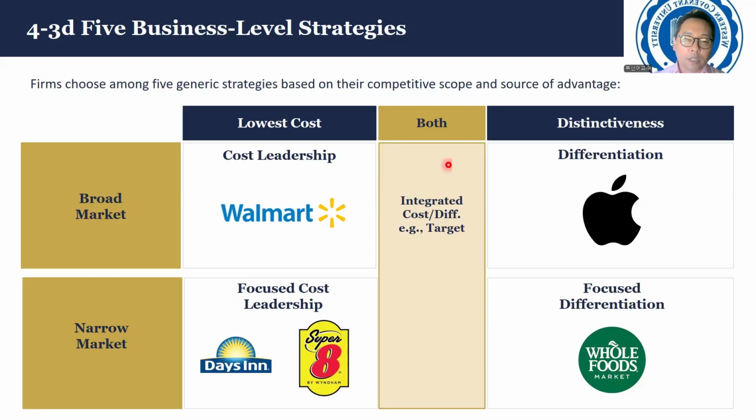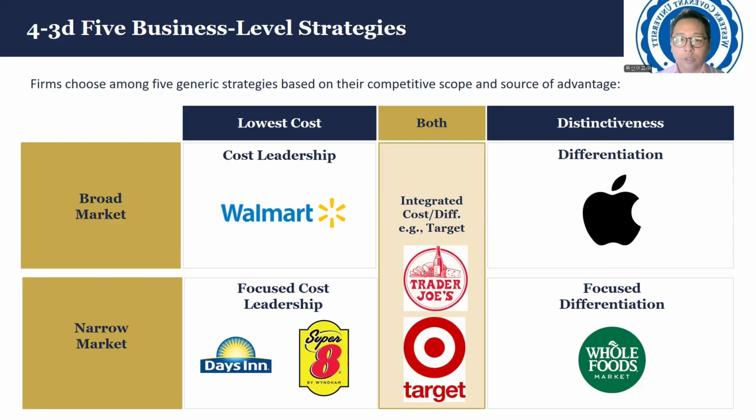Let's move to the last strategy, integrated cost and differentiation. Target and Trader Joe's are strong examples of an integrated strategy because they offer reasonable prices while also creating distinctive customer value.